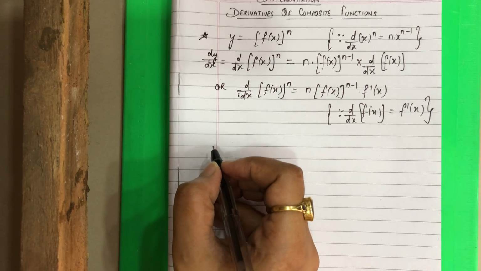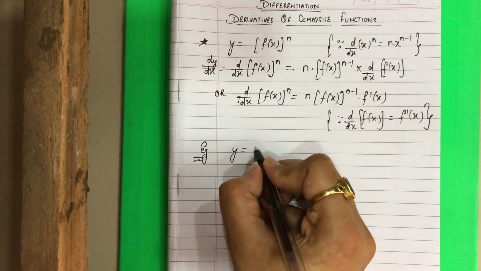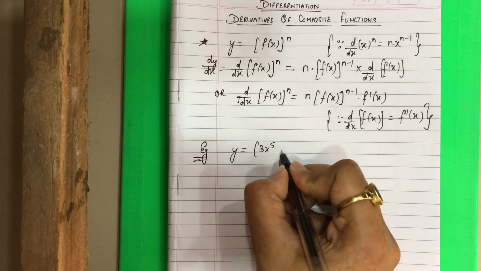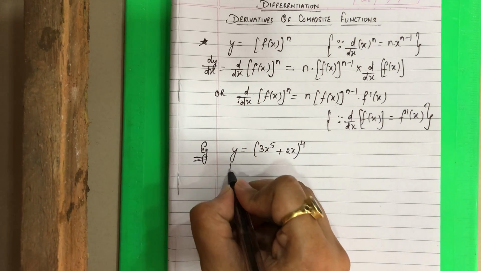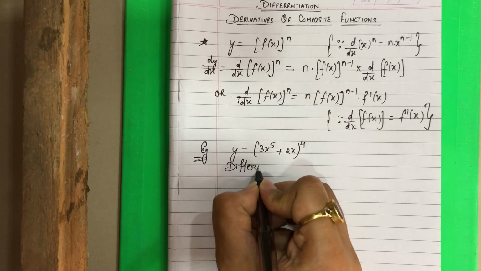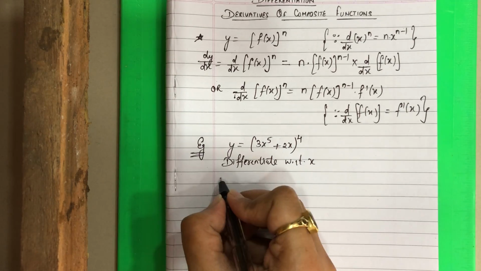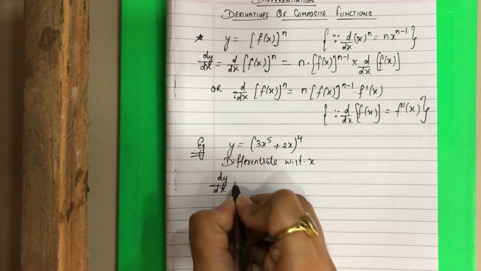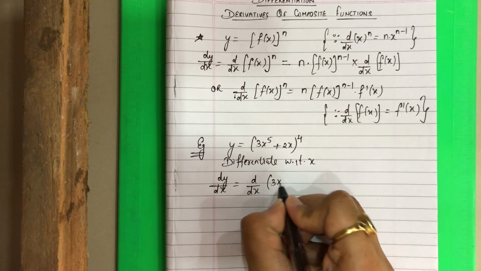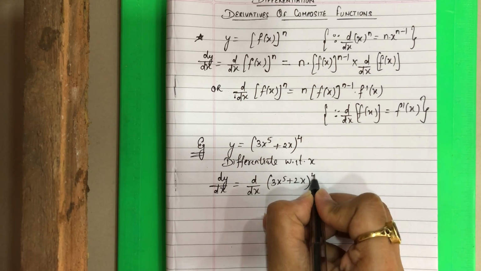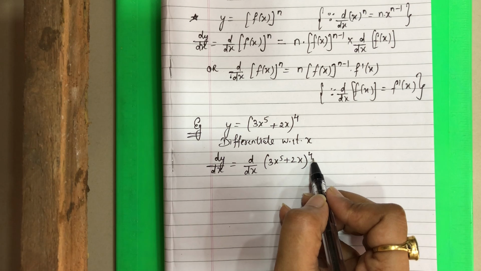To understand it more clearly, we are just taking an example, that is y is equal to (3x raised to the power 5 plus 2x) raised to the power 4. Now we have to differentiate this with respect to x. So we can write down dy by dx is equal to d by dx of (3x^5 plus 2x) raised to the power 4. First we need to differentiate this power.